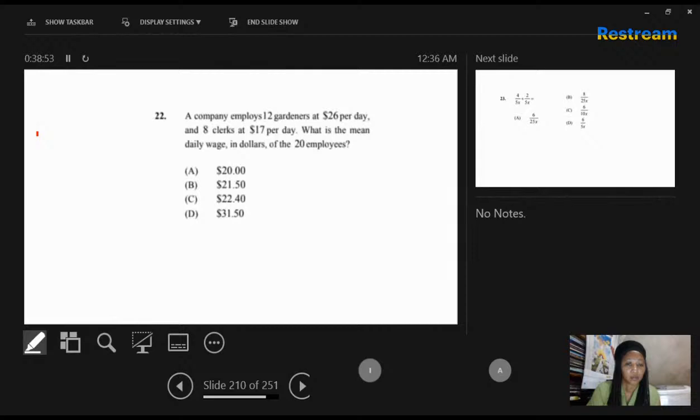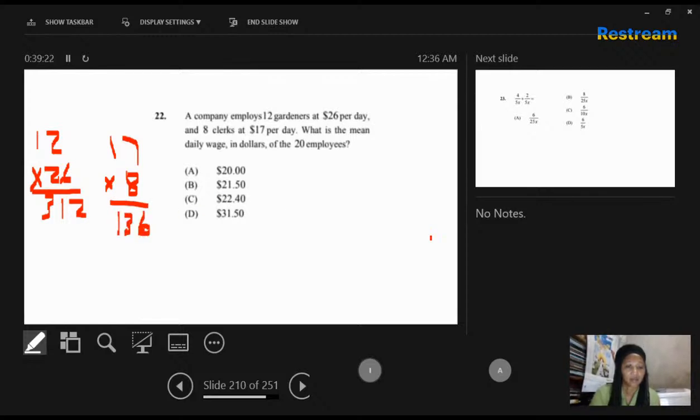So it would be 12 times 26 plus 8 times 17. 12 times 26 is 312, and 17 times 8 is 136.